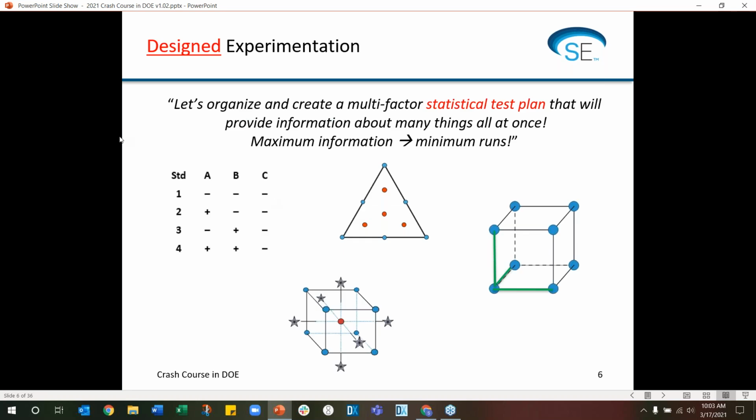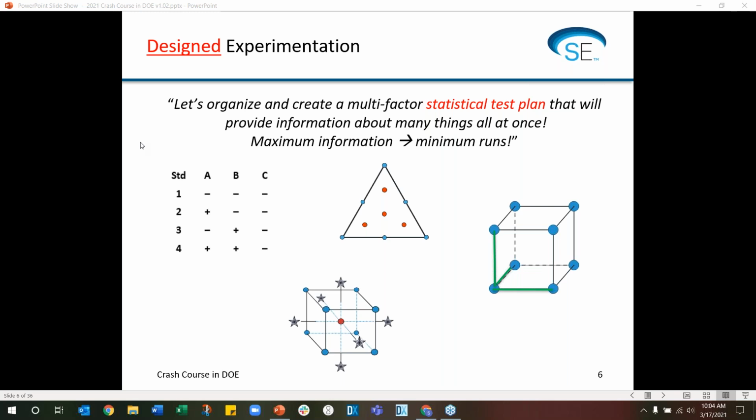In contrast, designed experiments allow us to say, well, let's organize our experimentation, think about all the things that we want to do, and create a multi-factor statistical test plan that's going to give us the information about many things all at once. It provides us with the maximum information in the minimum number of runs.